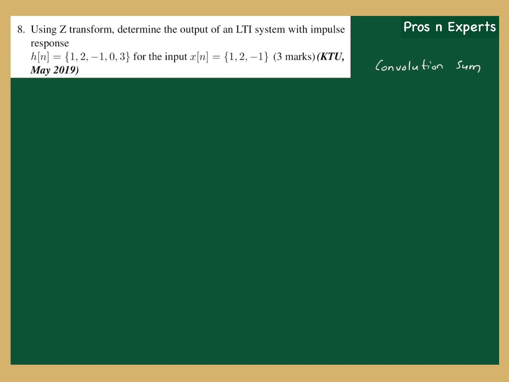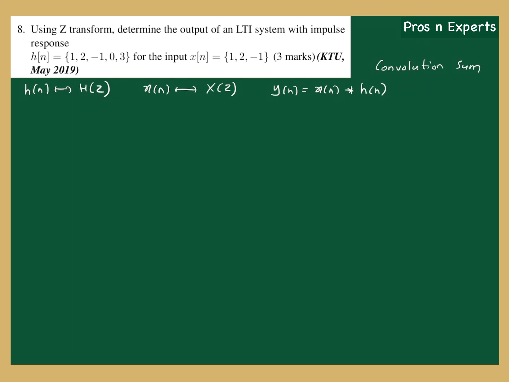But here the only difference is we are asked to find this convolution sum in a Z transform environment. So we are given h[n], find H(z), the Z transform of h[n]. Then we are given x[n] also, find X(z), its Z transform. And what will be y[n]? y[n] equals x[n] convolution h[n].